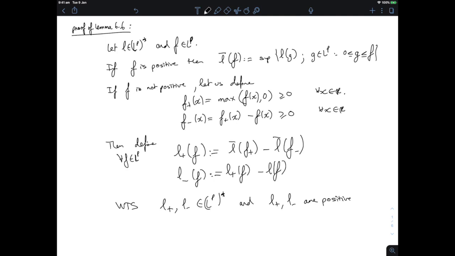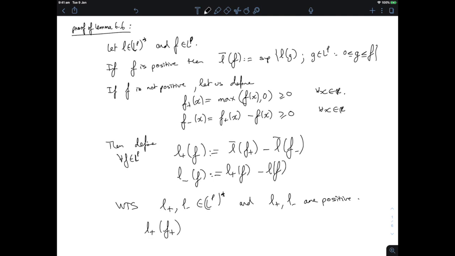All right, now maybe let's start with the positivity, and then we'll work on the hard part, which is the linearity of these maps. Now, of course, I'm only going to need to really show the linearity of L plus, and then by definition of L minus, the linearity of L minus will follow. But let's check the positivity first. So what happens if I take L plus of f plus?